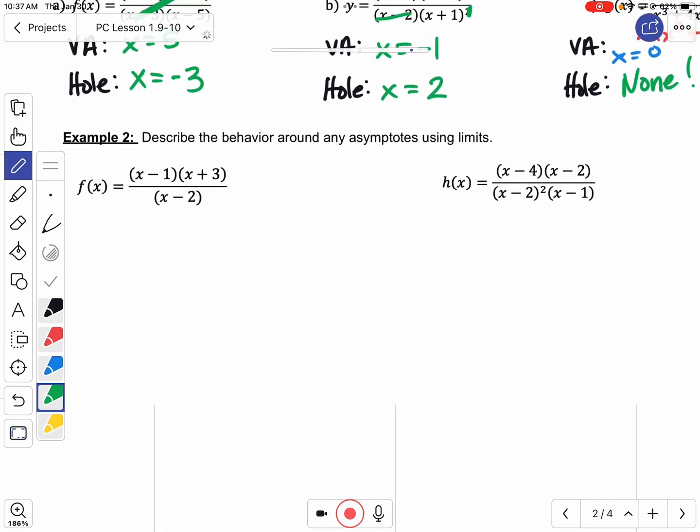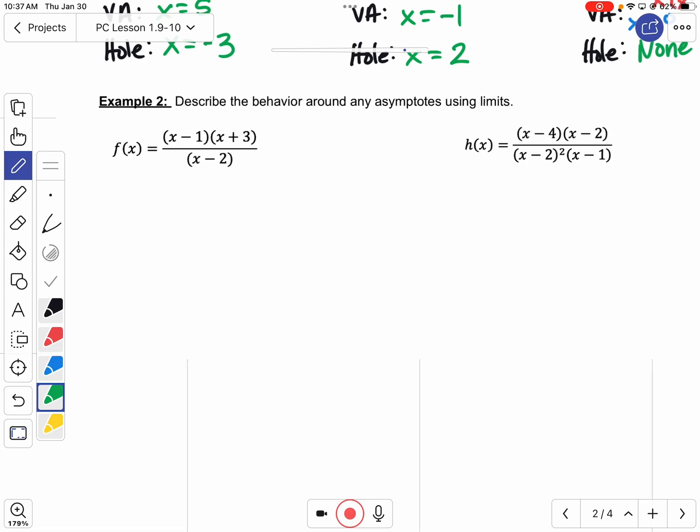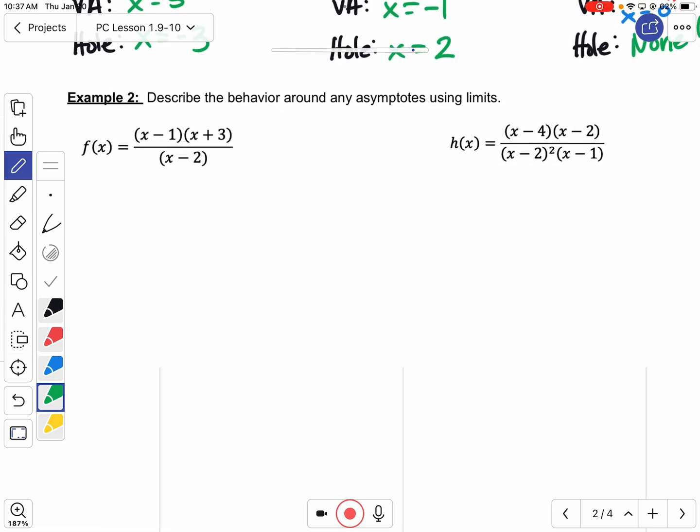So it says, describe the behavior around any asymptotes using limits. Here we go. All right, so if we're going to use limits to describe behavior around my asymptotes, we did that a few minutes ago looking at a graph. This is the first ones we've looked at that actually have an equation. So first thing, do we have a vertical asymptote? Okay, at least where's the vertical asymptote on this one?